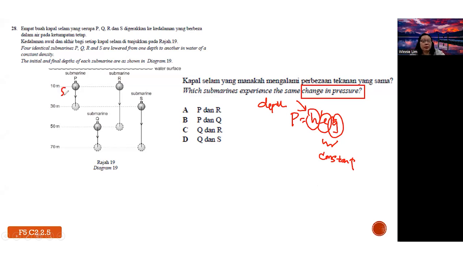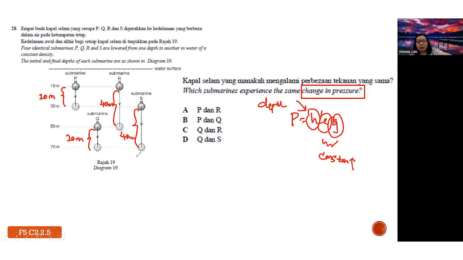So for P, the difference here is 20 meters. Q is also 20 meters. For R, the difference is 50 minus 10, you get 40 meters. S is also 40 meters.